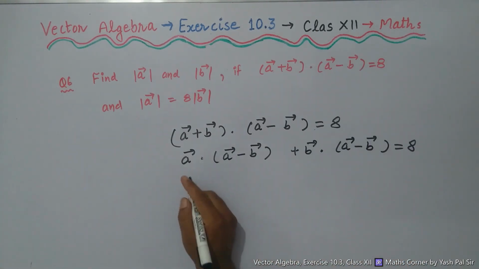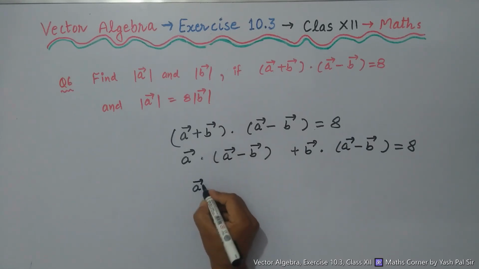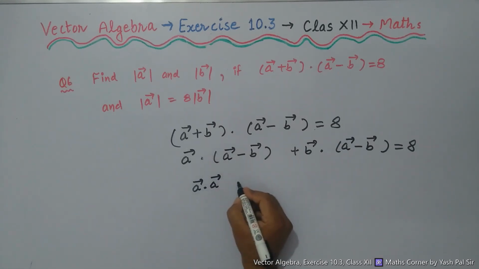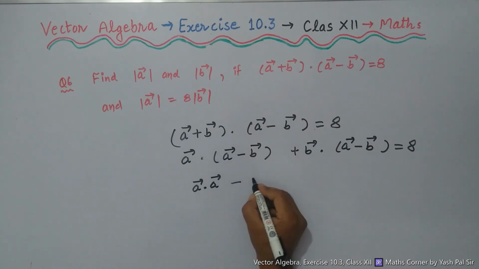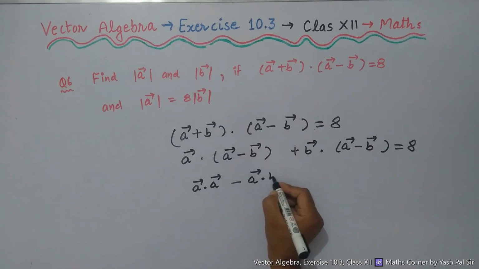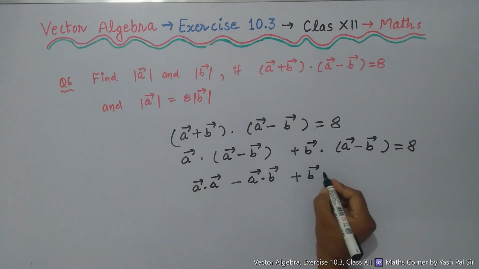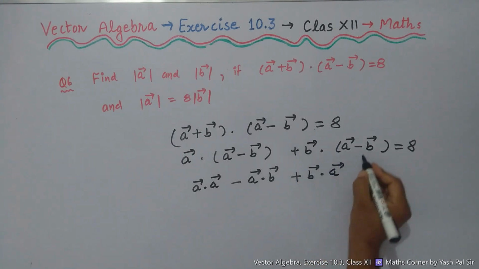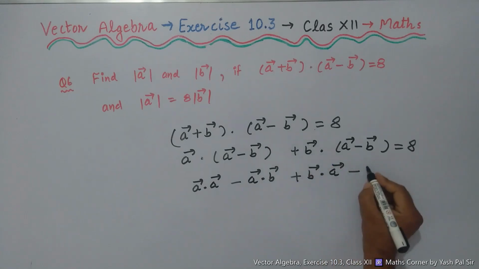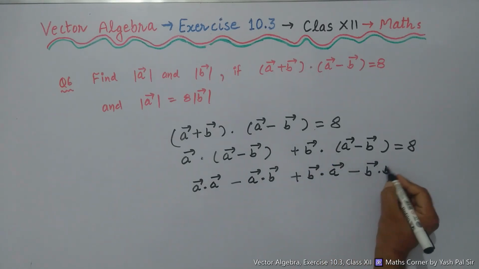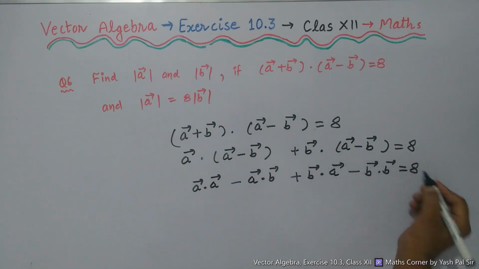So here we proceed like this: vector A dot vector A, then minus vector A dot vector B, then plus vector B dot vector A, minus vector B dot vector B is equal to 8.